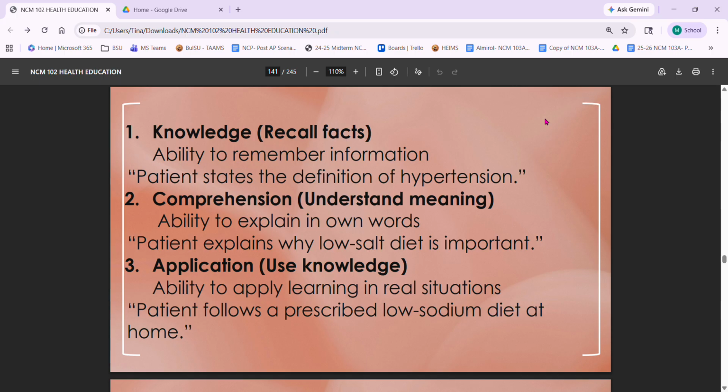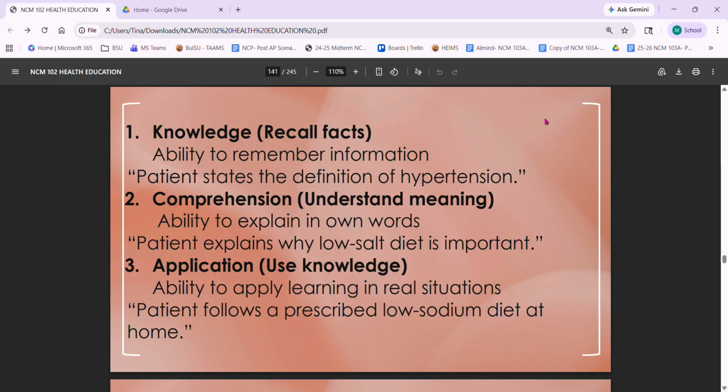Yung ability to explain on own words. So, patient explain why low sodium diet is important. Okay? Pag sinabi mong application, so they use the knowledge. Nakikita nyo yung progression. Yung ability to apply the learning in real situation. So, the patient follows a prescribed low sodium diet at home.